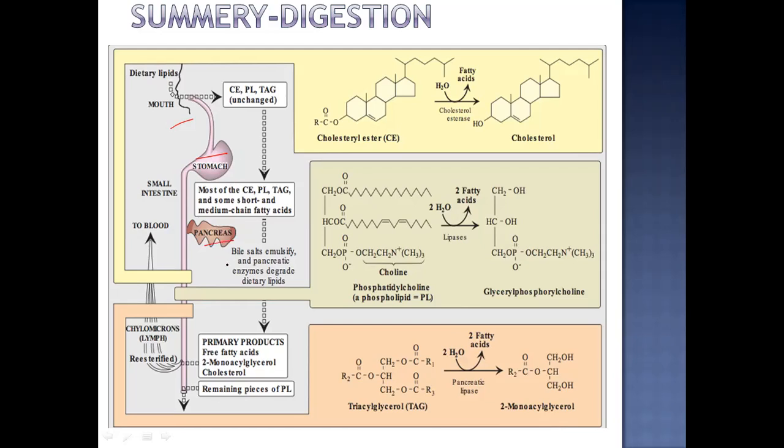In the pancreas we have pancreatic lipase. It will act on long chain fatty acids, and our products, which are free fatty acid, monoacylglycerol and cholesterol, as well as the lysophospholipids, will all combine with the bile salts. They will form micelle, and micelle will release the products into the intestinal mucosa.